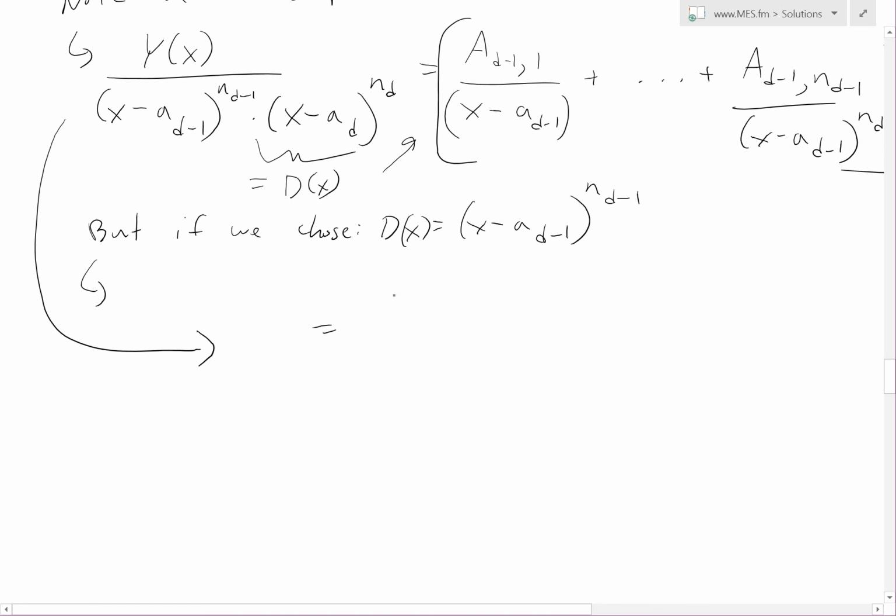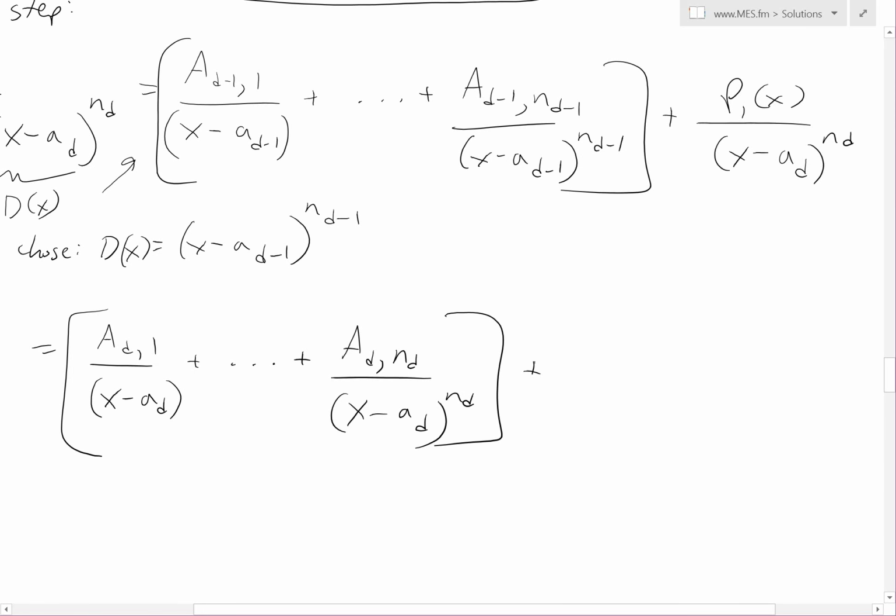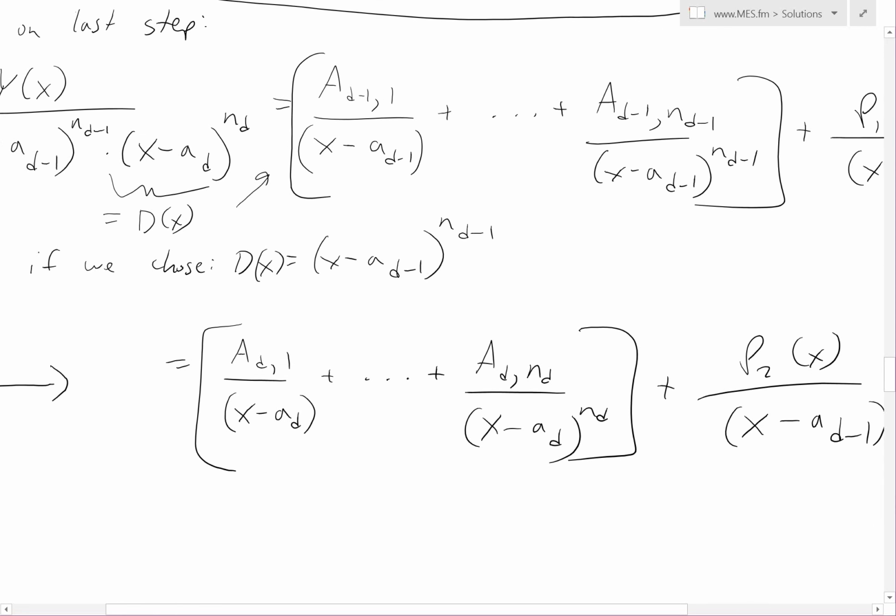So we get this whole thing equal to a of d1 over x minus a d plus etc. plus a d, now we have n d over x minus a d and n d, plus now p2 of x all over x minus a d minus 1 of n d minus 1.